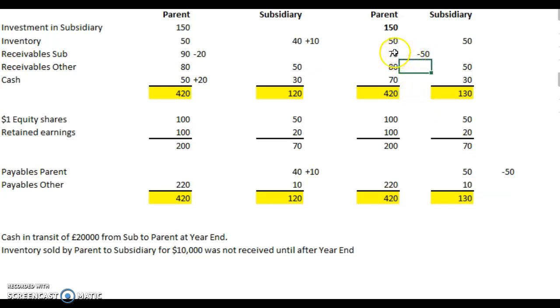And we won't add that into the two balance sheets because they won't balance, but when we consolidate we'll take into account these additional adjustments. So this was payables due to the parent and receivables due to the subsidiary. Of course, when we consolidate, they will just cancel each other out. So that will give a figure of 20 here and 0 here when we do the consolidation. And we'll do that in the next video.